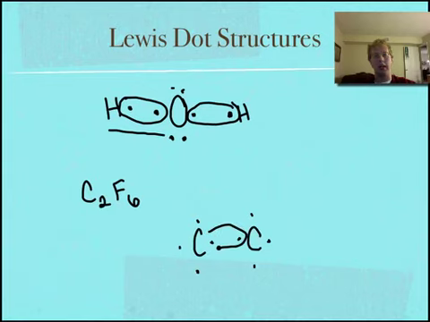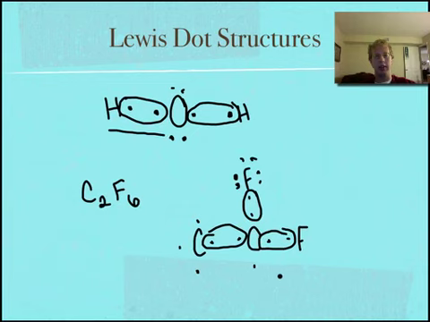I'm going to start by connecting these carbons together, and then draw in each of my fluorines. Each fluorine is going to share 1 electron with carbon to give fluorine 8, and gives carbon another 1 to get closer to 8. For the other ones here, I'm not going to draw in all the electrons. I'm just going to draw the electrons that we're going to share to save some time, but understand that there's another 6 electrons on each of these fluorines that's not being shared.